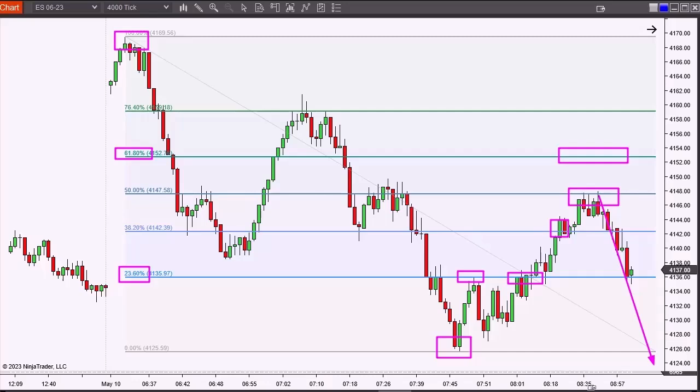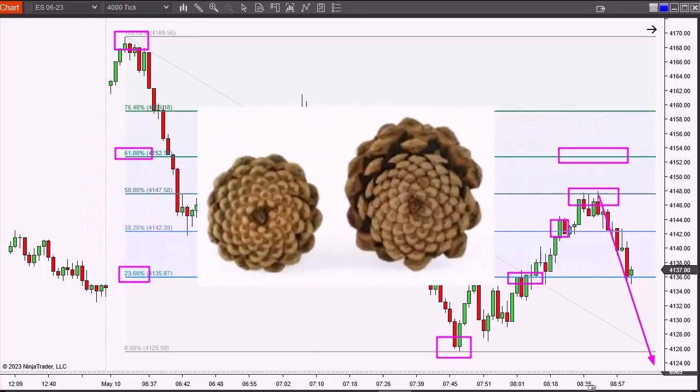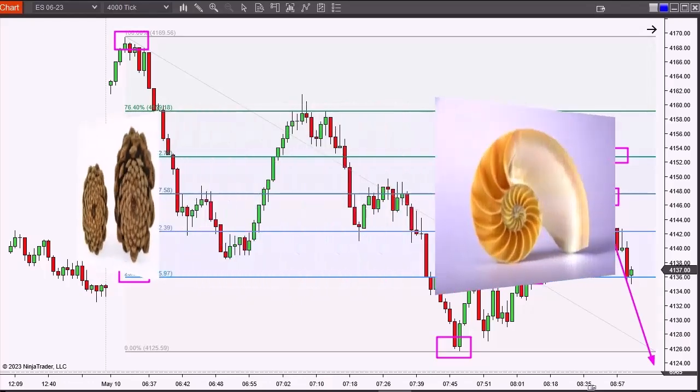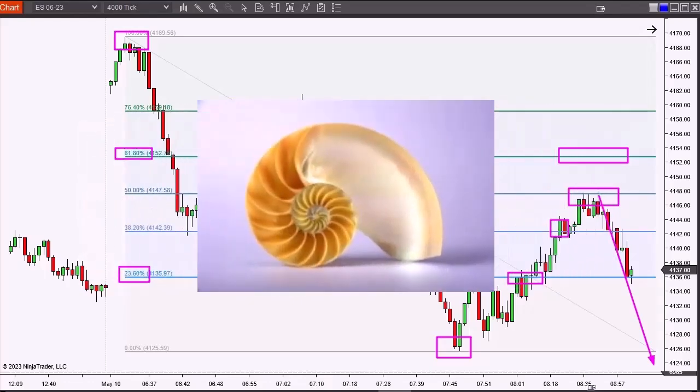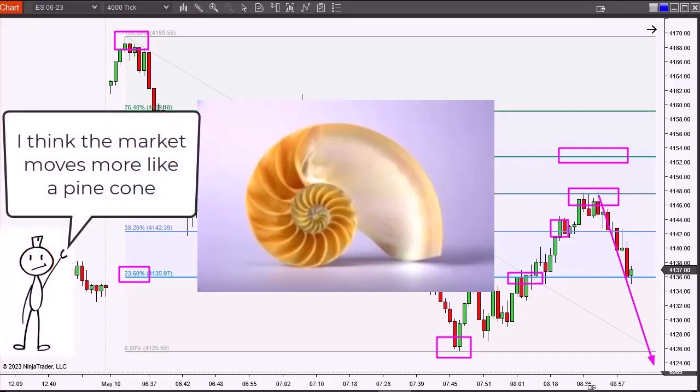And of course, it's in nature as well. We see it in flowers and in pine cones, and of course, most notably the nautilus shell. And it's self-evident that the markets move like nautilus shells. So maybe not. But anyway, that's the theory.